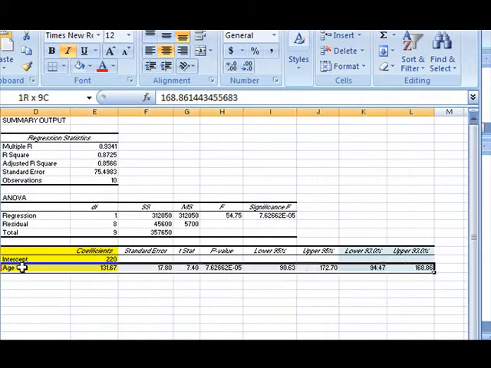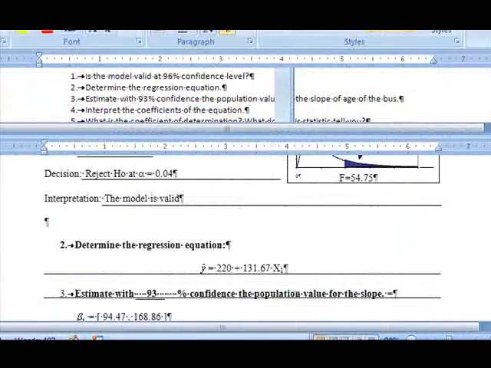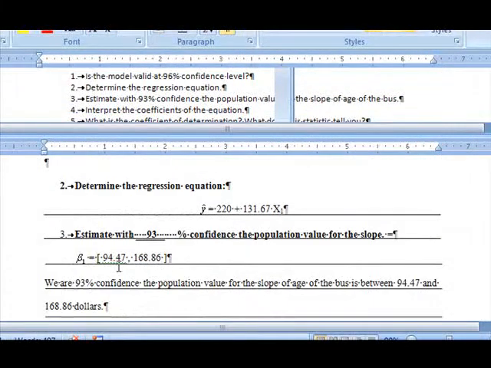And notice this one corresponds to age. So it's telling you that the 93% confidence level for the population slope, which is beta 1, is a value between 94.47 and 168.86. That's the value that we have here. The units of that is the Y units, which is dollars per year.